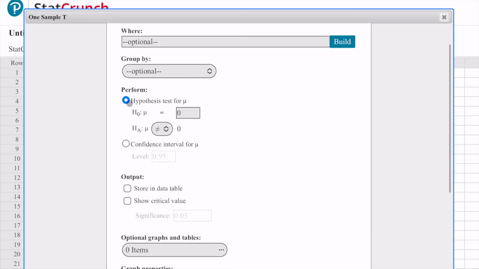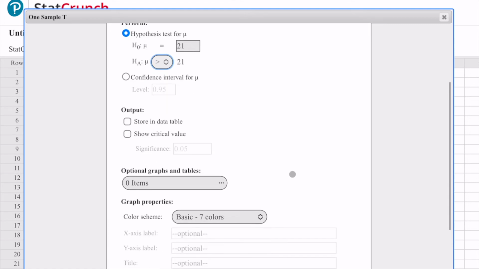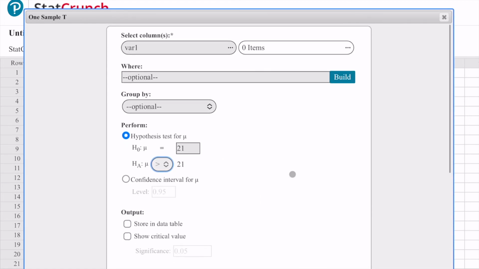And then we're going to do a hypothesis test. Our mean is going to equal 21 for the null hypothesis, and our mean is going to be greater than 21 for the alternative hypothesis. That's all we have to feed the calculator.